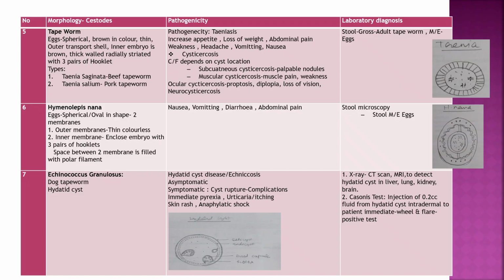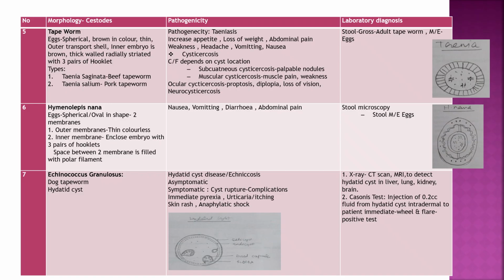Clinical features depend on cyst location. Subcutaneous cysticercosis, palpable nodules. Muscular cysticercosis, muscle pain, weakness. Ocular cysticercosis, proptosis, diplopia, loss of vision. Neurocysticercosis, brain involvement. Laboratory diagnosis: stool microscopy, gross examination for adult tapeworm and microscopic examination for eggs.